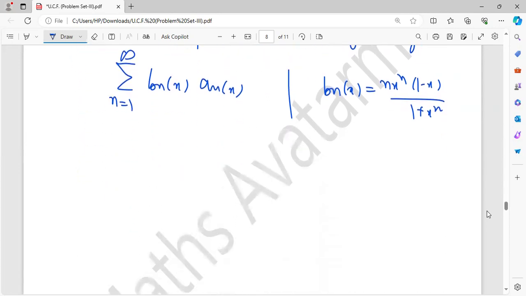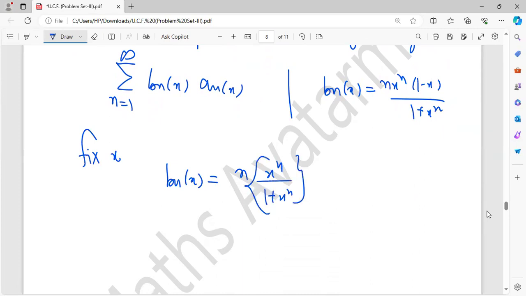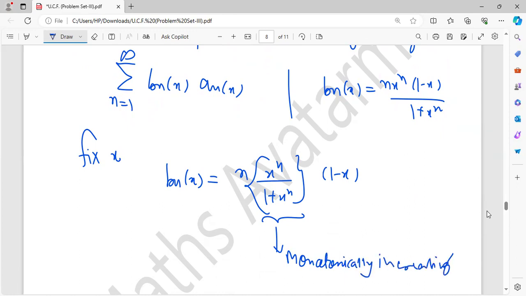Now, first of all, whether this is monotonically increasing or not, you fix x. For fixed x, bn(x) is n x to the power n over 1 plus x to the power n. If x is fixed, this function is monotonically increasing in n. This is fixed, it will not affect anything. And this is n, n is an increasing function.